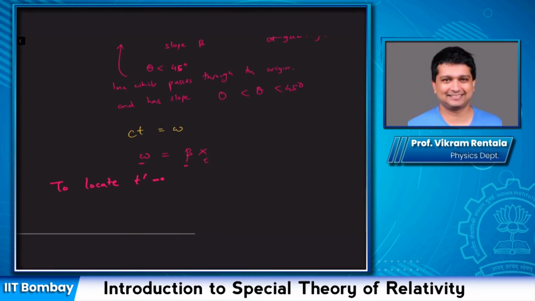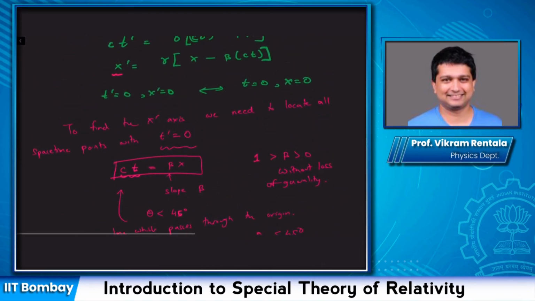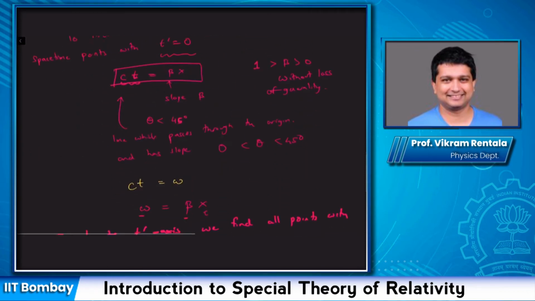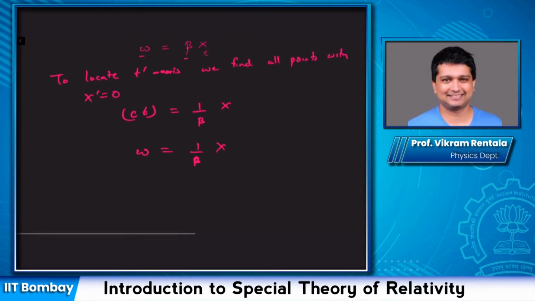Those points would be the ones for which x is equal to beta times ct, or equivalently the points for which ct is 1 by beta times x. Or in this notation where we define ct as w, w is 1 by beta times x. So this would again be a line passing through the origin.